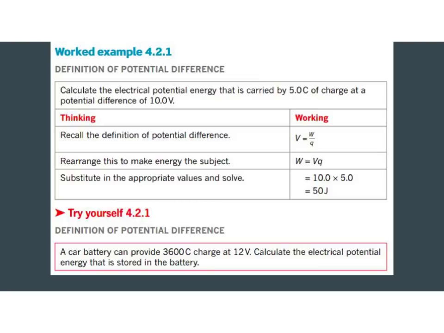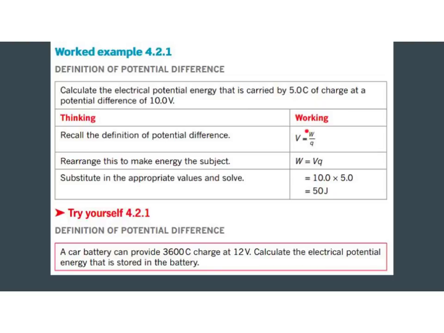So calculate the electric potential energy. So we're looking at an energy now. So we have an object with a charge as well as a field that is carried by 5 coulombs of charge. So here's the object's charge and a potential difference of 10 volts. So this potential difference is in the field, and it's moving between two different places in the field or through a conductor.